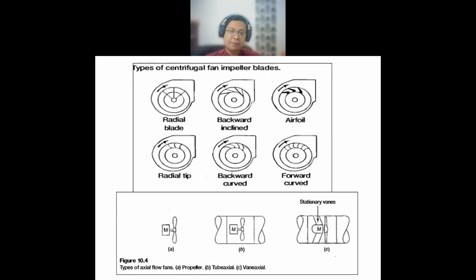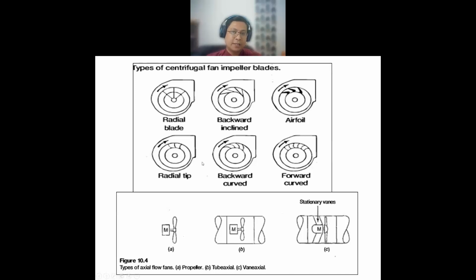The blade type will be designed like the airfoil. So the airfoil type looks like the cross section of the wing of the airplane. Yeah, so the cross section looks like an airfoil, same as the wing of the airplane.